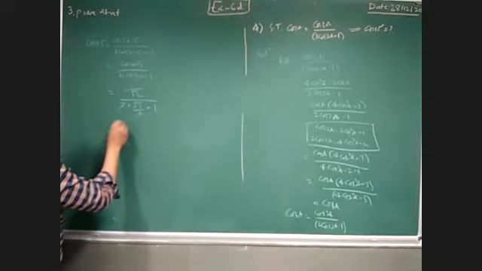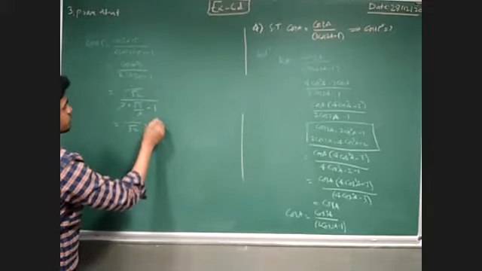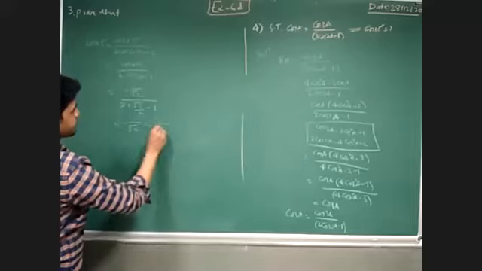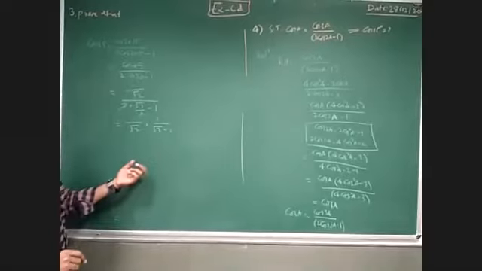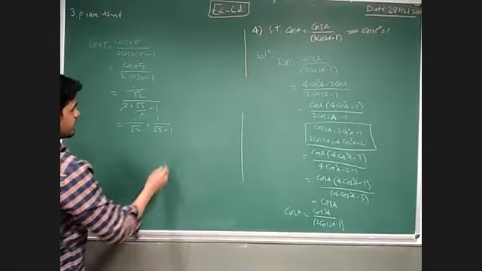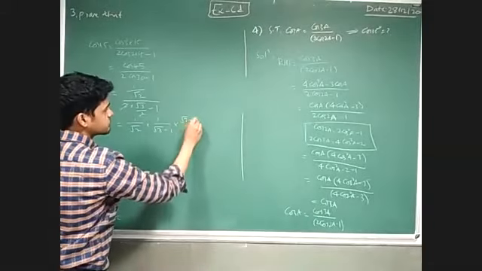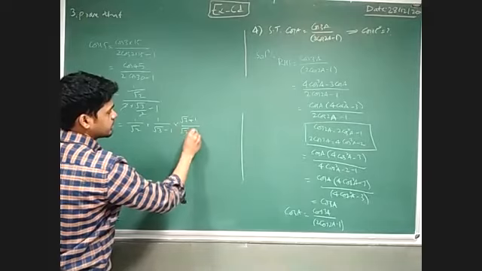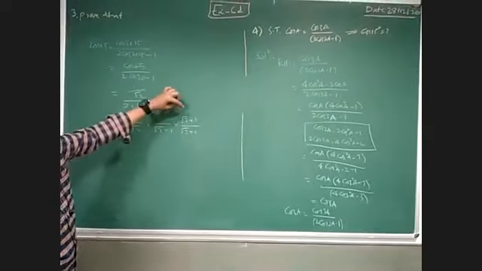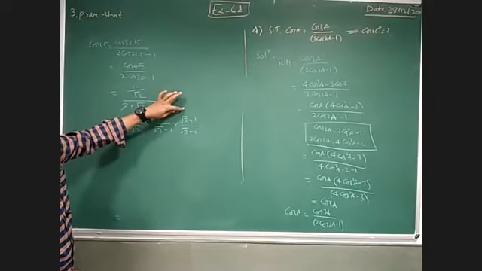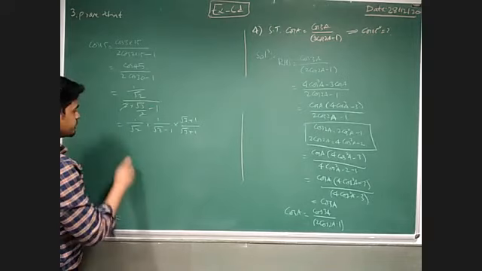So here I will have 1 by root 2 into root 3 minus 1. Okay, now here I have to simplify more. So what can I do? I can multiply and divide with root 3 plus 1. Okay, now here these two terms will be multiplied.